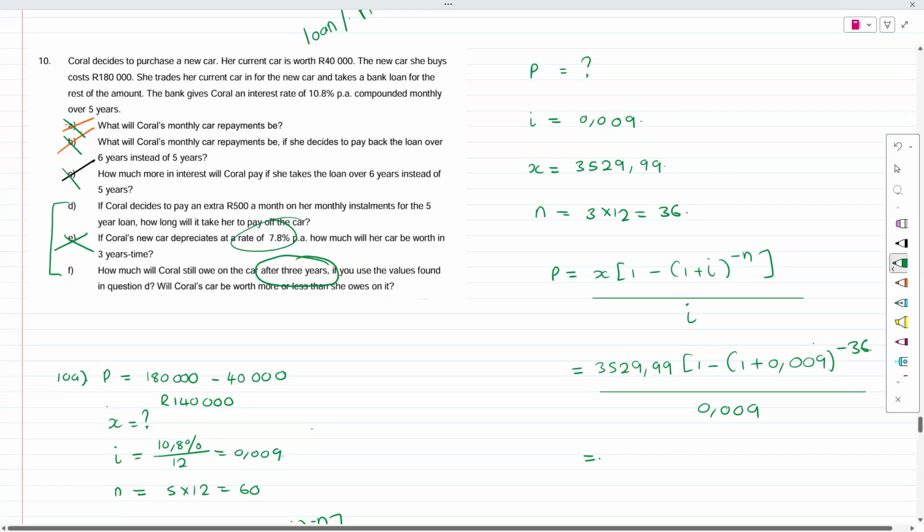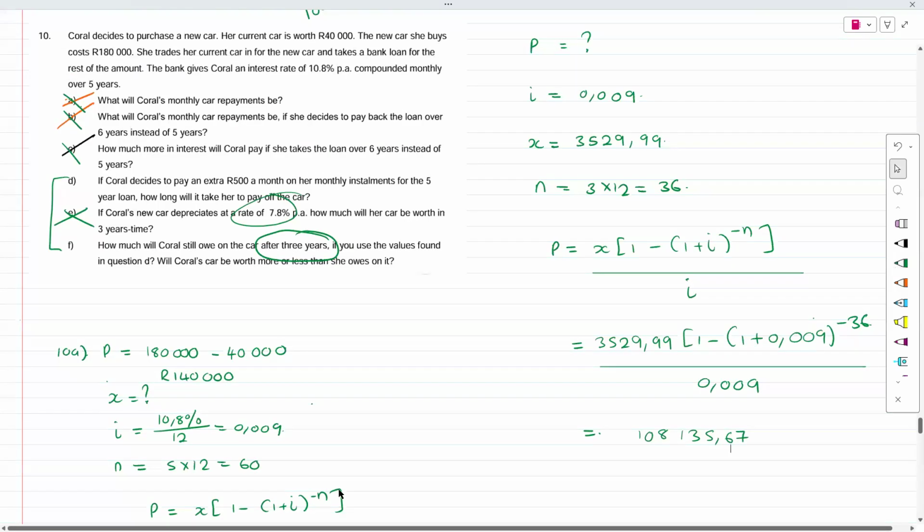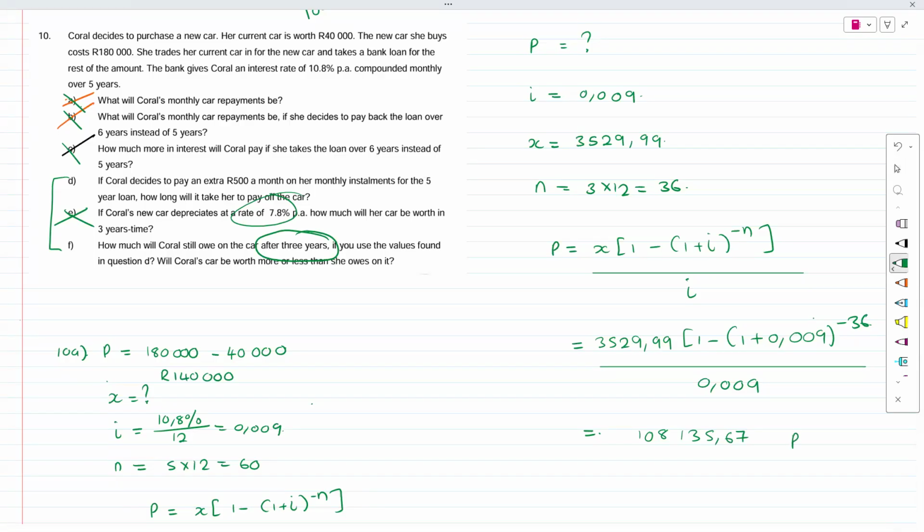I don't know why I keep forgetting the zeros, but this is 108,135.67. Now, guys, this is what she paid back after 3 years, okay? Because she decided to pay back 3529.99 for 3 years. Everything stayed the same. So this is what she paid back. Now, this part is fine. That part's not a problem.